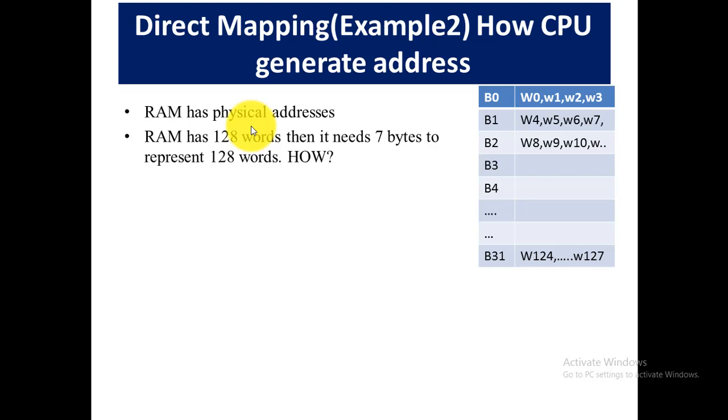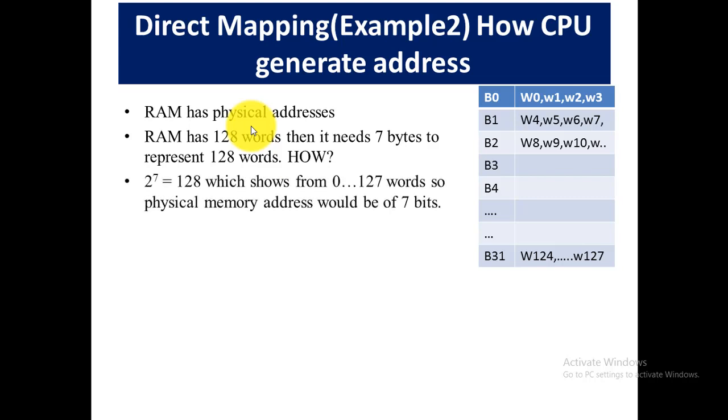Then it needs 7 bits to represent 128 words. How does the CPU know that to show 128 words we need 7 bits? Because 2 raised to power 7 is equal to 128. I am assuming that you have studied binary conversion.